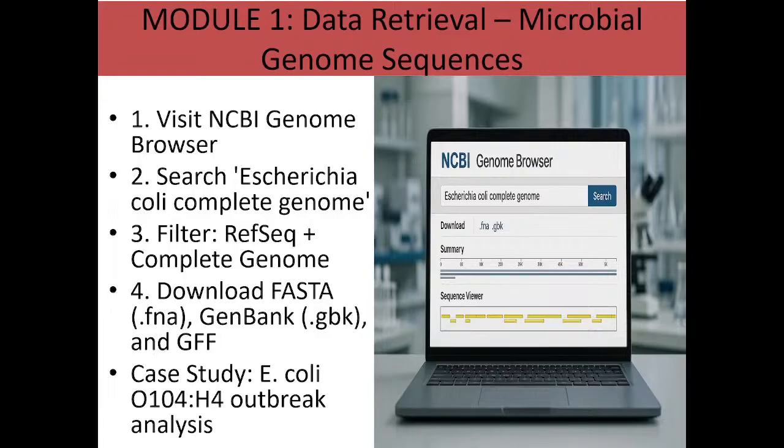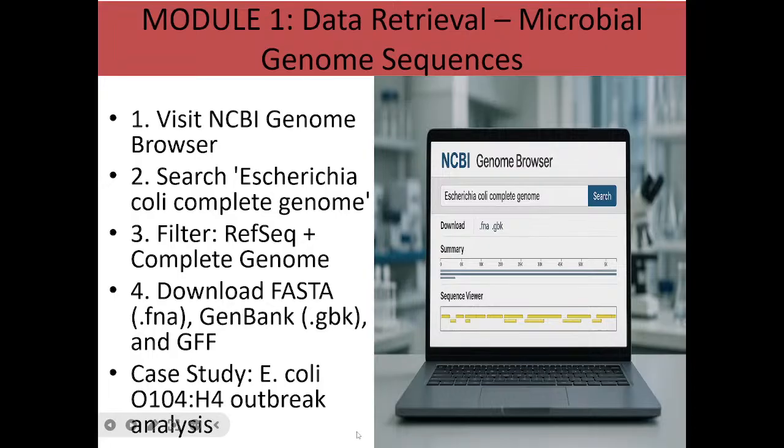Visit that website, just input your sequences there and clean it. So after that, you filter it at RefSeq plus the complete genome. That's what you are going to put into your browser. Then step 4 is to download FASTA. You should know that this time around we will always work with FASTA format.